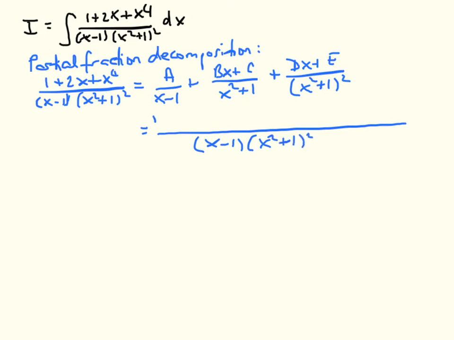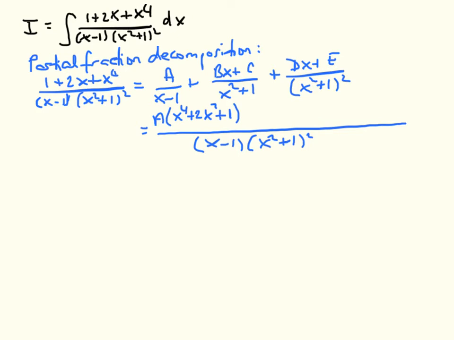So we have a times, and now we will multiply this by x squared plus 1 all squared, so that cancels with that, and we're left with a over x minus 1. What I'm going to do now, just to save a bit of space, is immediately expand the x squared plus 1 squared. So I have a times, and x squared plus 1 all squared is x to the fourth plus 2x squared plus 1.